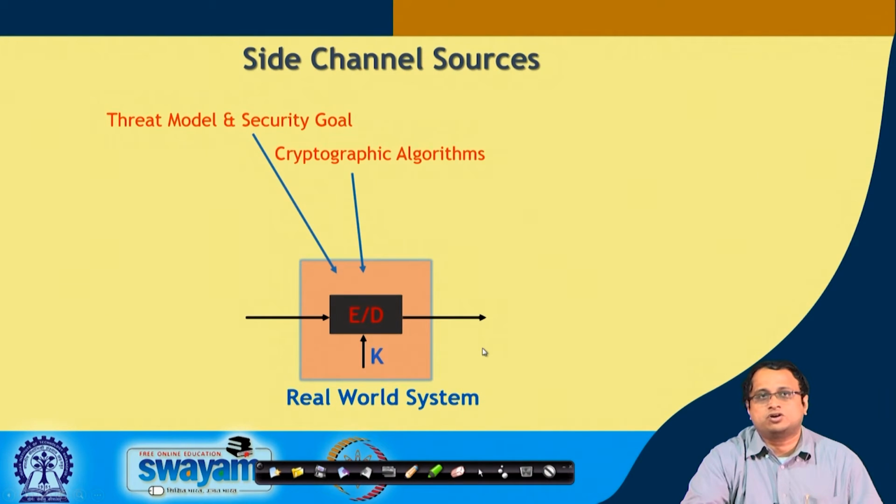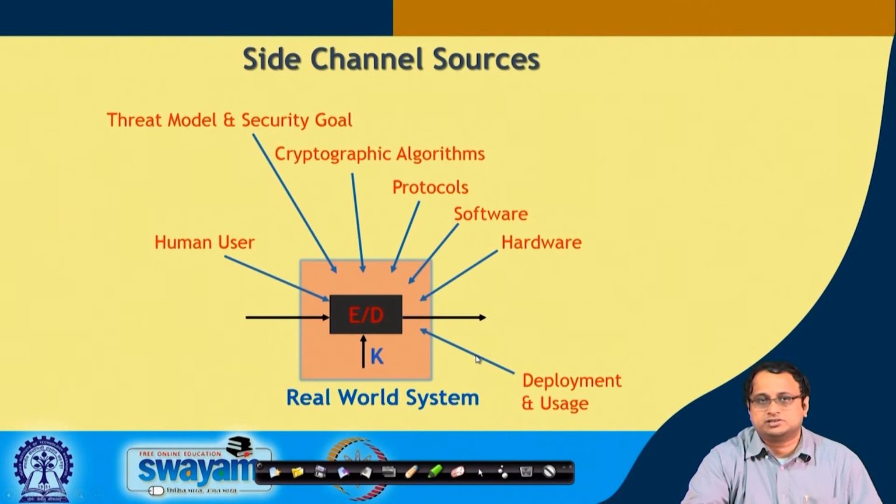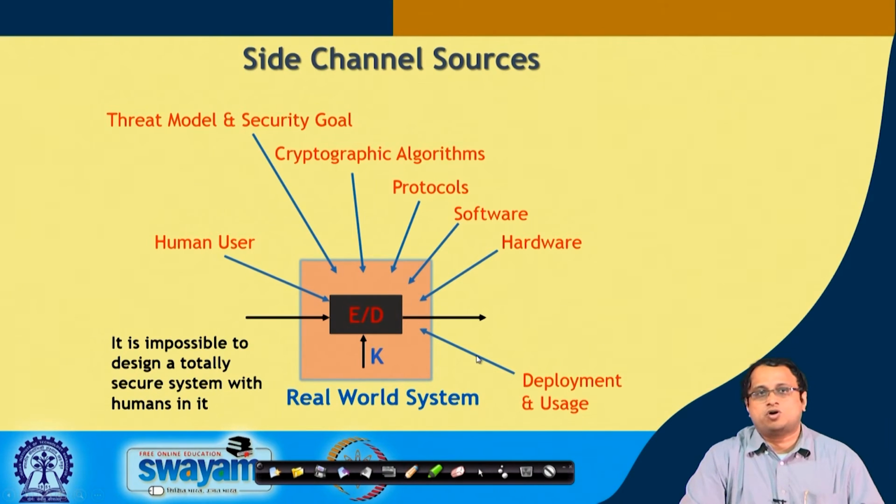For cryptographic algorithms, the threat models and the security goal are also important. The protocol is important, the software is important, whether you are doing a hardware design is important, and finally your deployment and usage is also very crucial. And of course you have the human users, and it is almost impossible to design a totally secure system with humans in it.